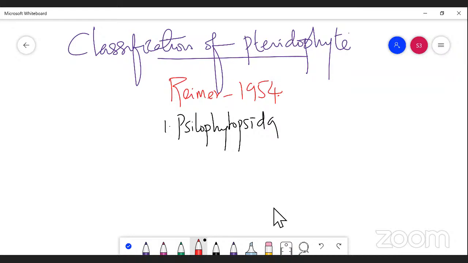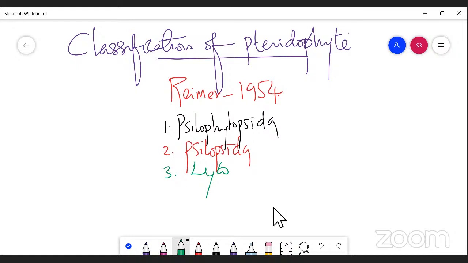Second one, Psilopsida. Here P is silent. Third one, Lycopsida. I'm talking about the subdivisions of pteridophytes.